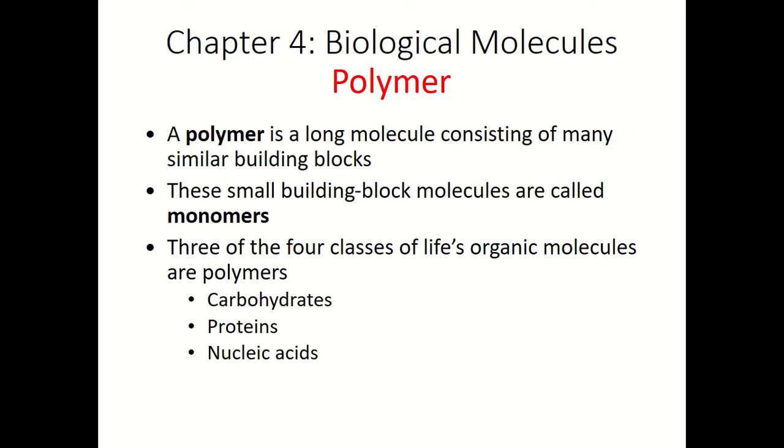The bead is the building block, or the monomer, and the bead necklace is the polymer, the long chain of beads. Three of the four classes of life's organic molecules have polymers: carbohydrates, proteins, and also nucleic acids. However, lipids do not have a monomer or small building block.